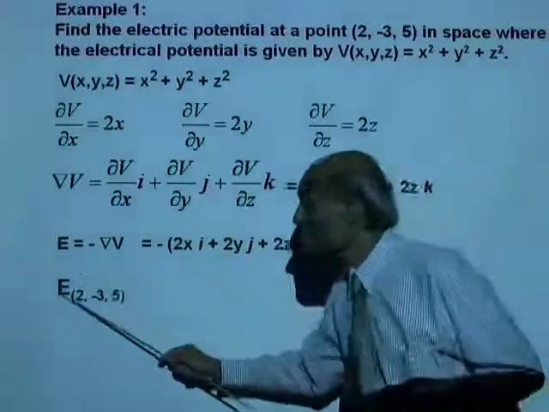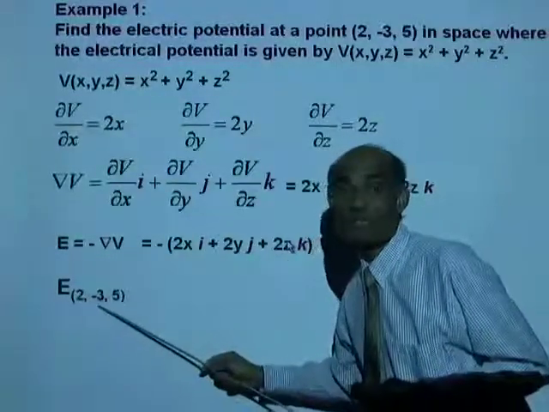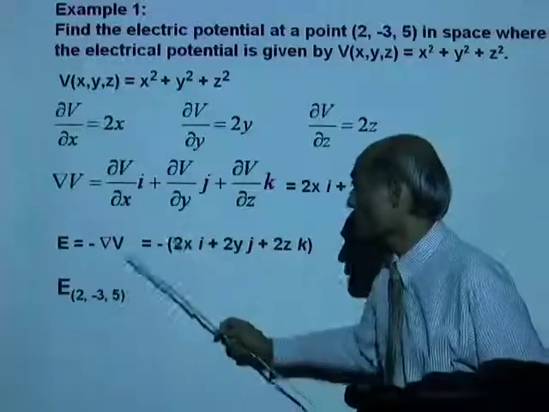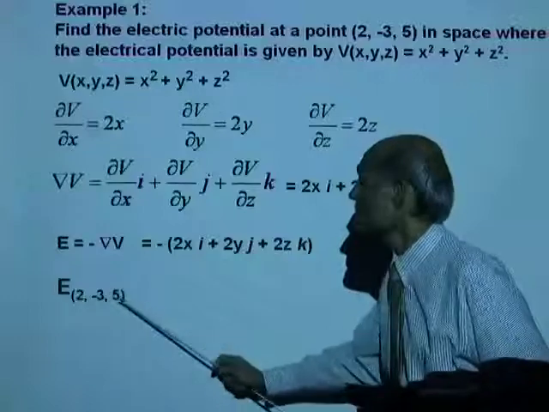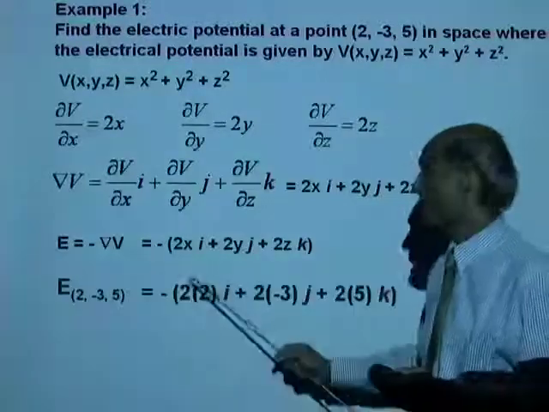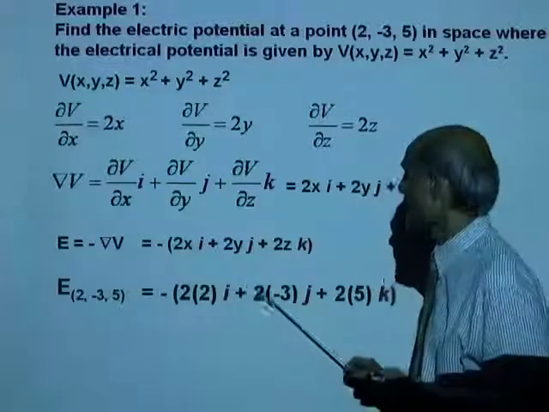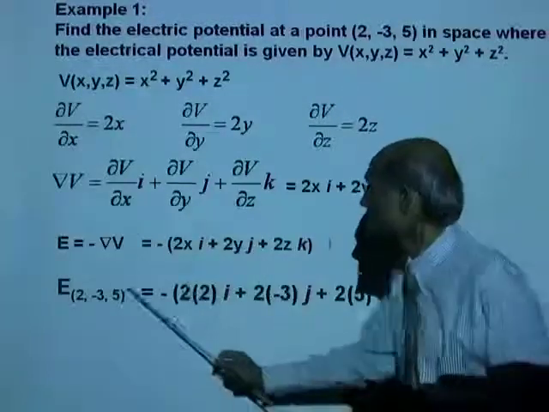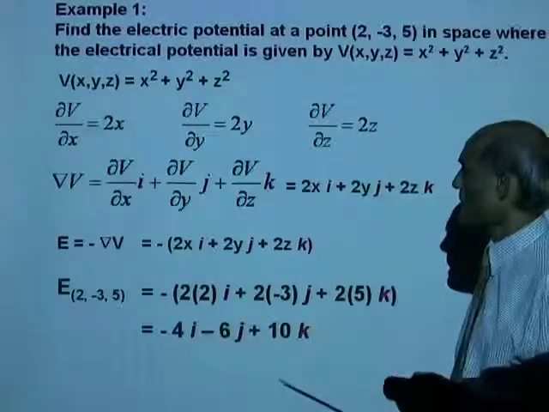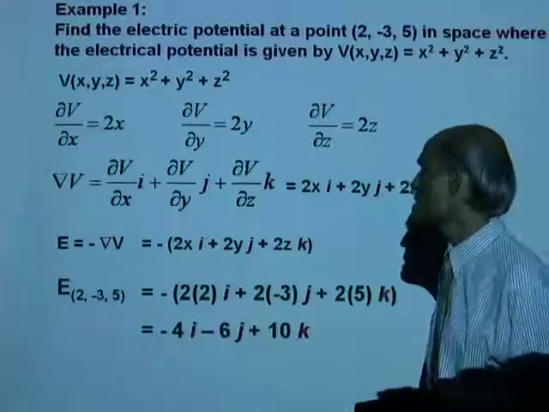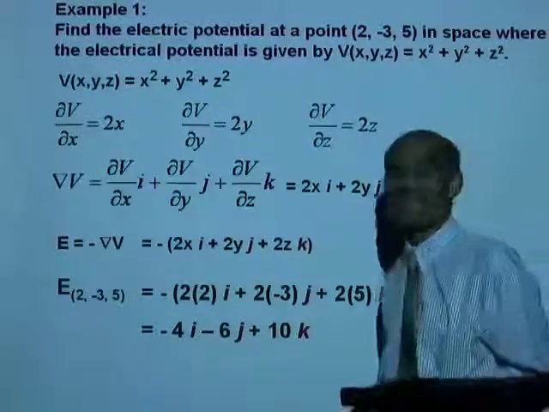Now the value of the electric field at the point 2, negative 3, 5. Replace x by 2, y by negative 3, and z by 5. And that will give you negative of 2 times 2 i plus 2 times negative 3 j plus 2 times 5 k. And that is negative 4i plus 6j minus 10k.